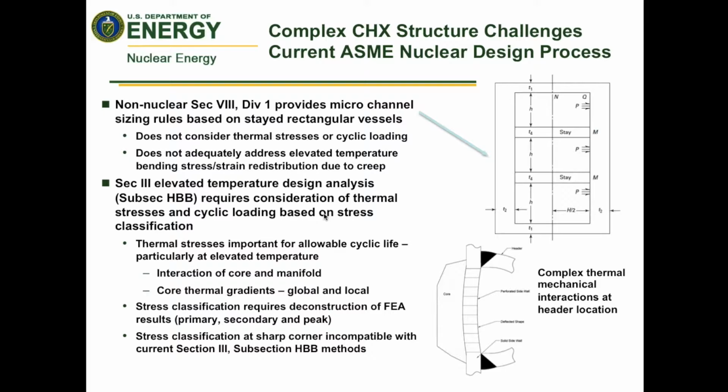It requires stress classification at this point to be accomplished by deconstruction of finite element results into primary, secondary, and peak stresses. And you have to figure out some way of doing stress classification at sharp corners, which is incompatible with the current methods that are in Section 3. So we just aren't there right now.